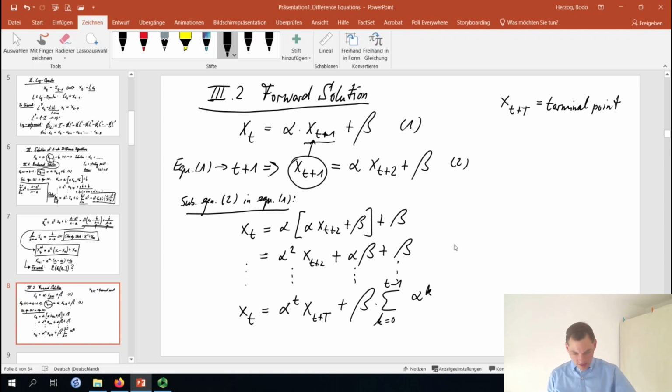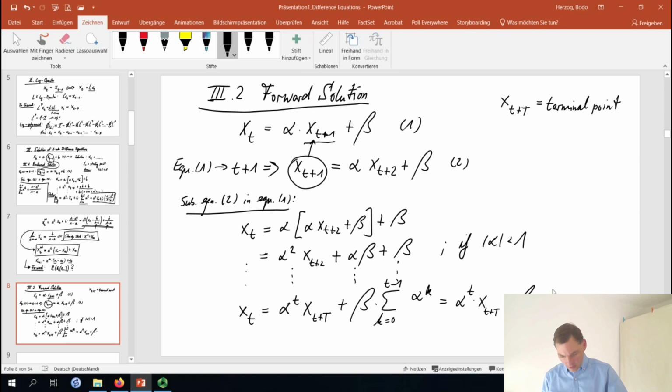And if I assume that the absolute value of alpha is less than 1, then this term beta converges to this finite sum. We already know it is 1 minus alpha^T over 1 minus alpha. So it should converge to this.